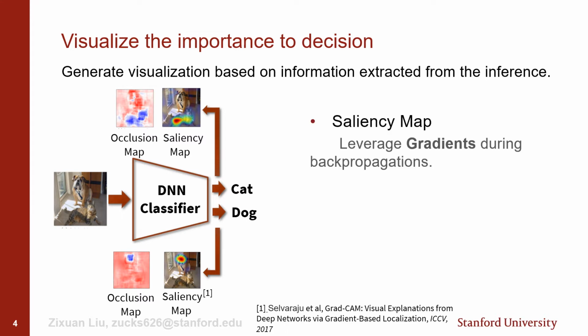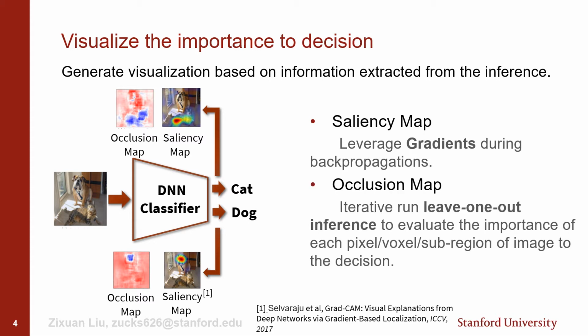There are two common methods to do so. The first class is called saliency map-based methods, which try to leverage partial derivatives during backpropagation. And the second class is called alteration map-based methods, which try to iteratively run leave-one-out inference to evaluate the importance of each pixel or subregion of the input image to the final decision.